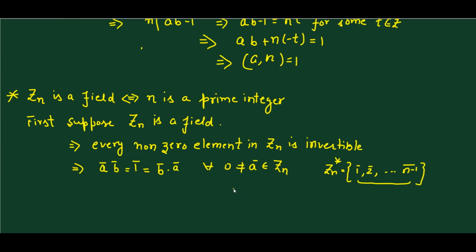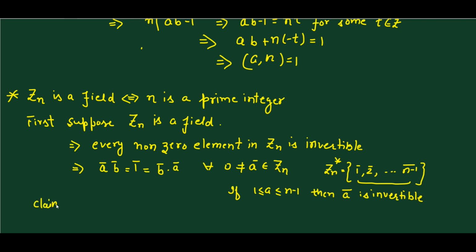It means that if 1 is less than or equal to a, which is less than or equal to n minus 1, then the class of that integer is invertible. Okay, so this is the implication of this statement.